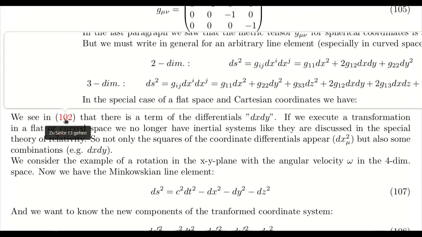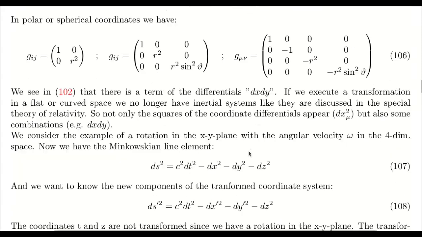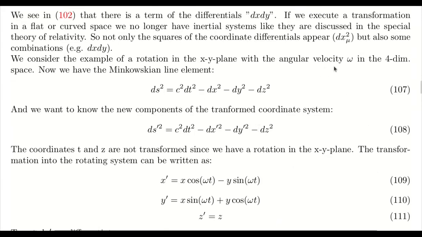And in 102 we have seen in the general expression that there are some mixtures of the differentials dx dy and so on. To show that we do not always have diagonal elements, we look at an example. We want to make a rotation in the xy plane with angular velocity omega.